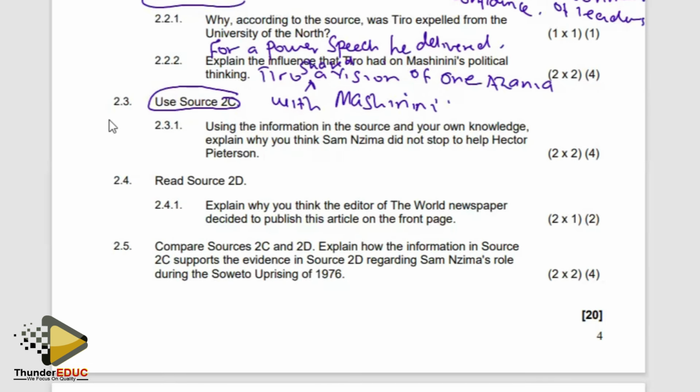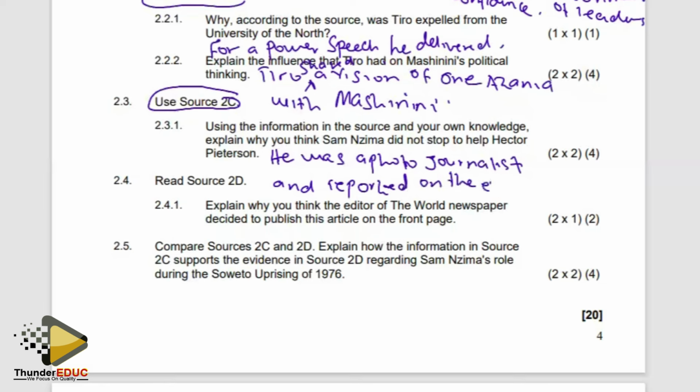All right. So here our answer, why you think: Sam Nzima was a photojournalist and reported on the event as it unfolded.